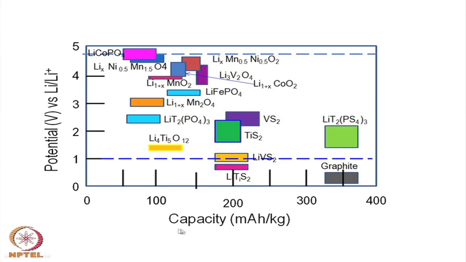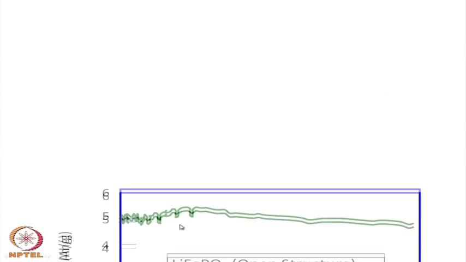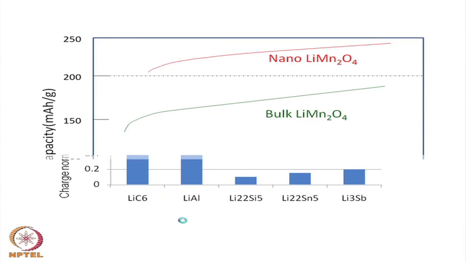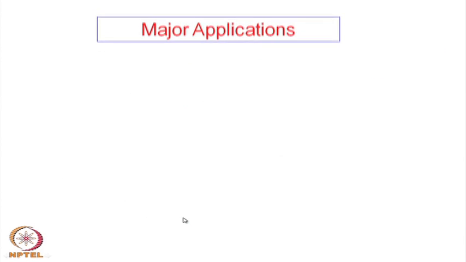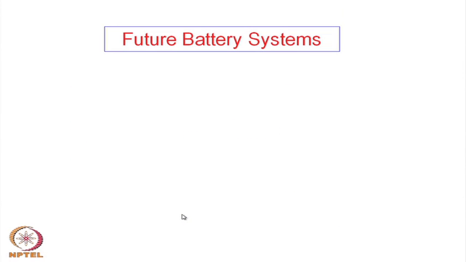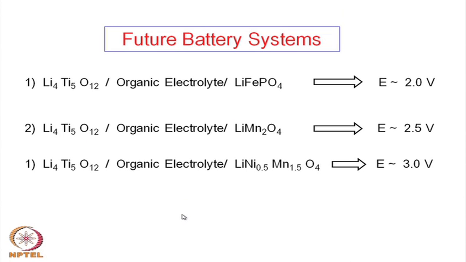So, this is what the development actually is. These are the three systems on which work is currently going on, and maybe some of them will be useful for future generations of batteries and future applications.